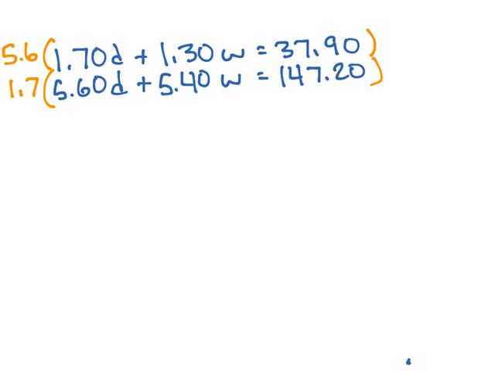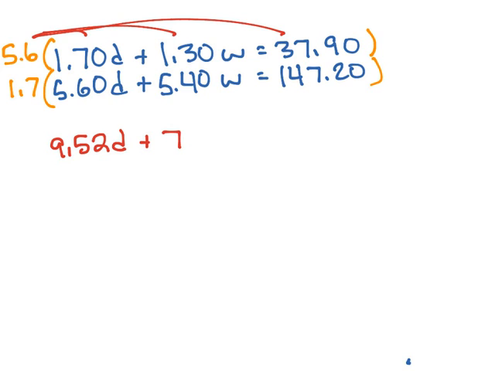When we multiply 5.6 times each of our upper values, we get 9.52D plus 7.28W is equal to 212.24. Remember, this last column is measuring dollars.